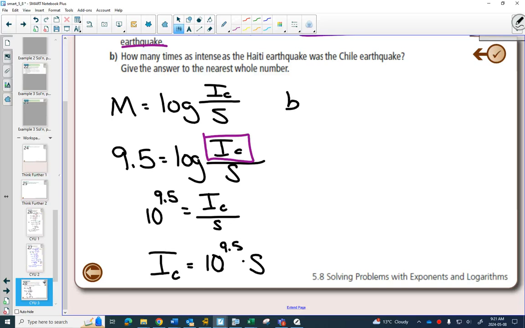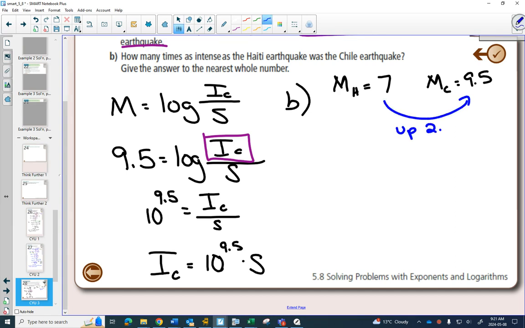Part B. The Haiti earthquake had a magnitude of, the Haiti one was given in the question right beside us. It said it was 7. And the magnitude of the Chile one was 9.5. Shortcut. Every time you go up 1, it's 10 times greater.